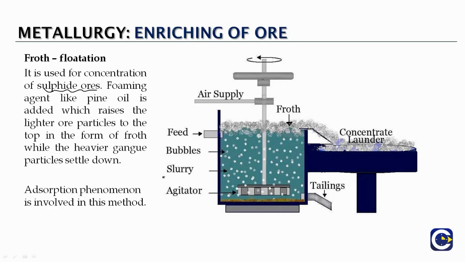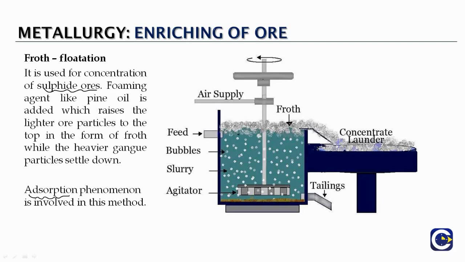So this is based on the concept of what we call adsorption phenomena, where the particles of one will be able to adsorb on the surface of the other type of particles. So we'll take a look at what this process is.